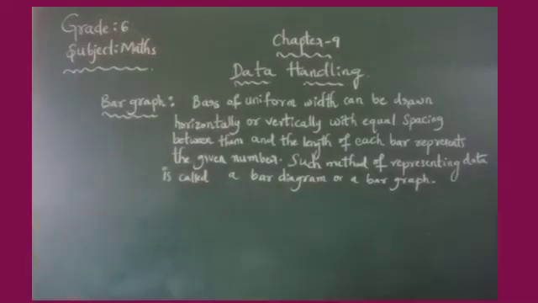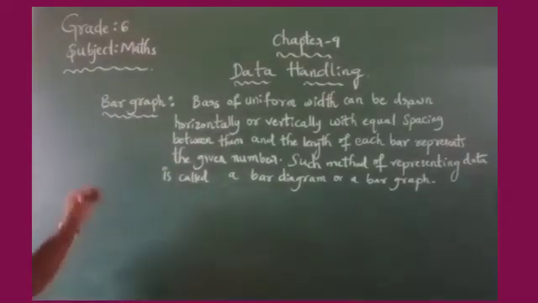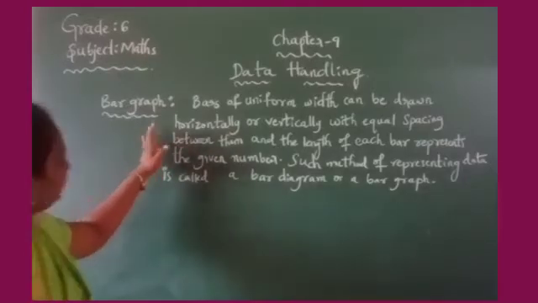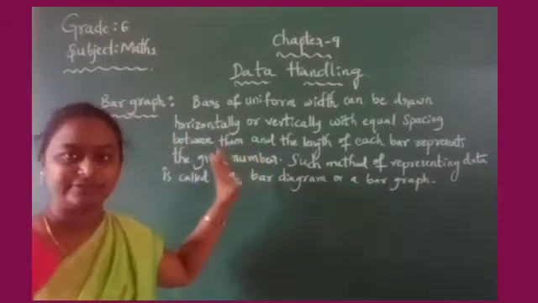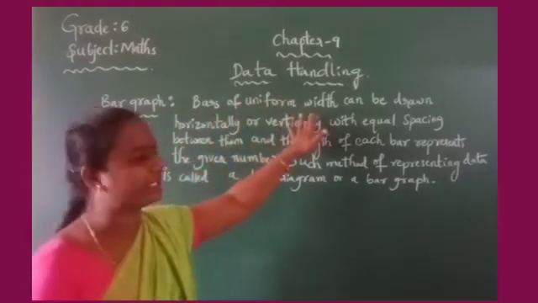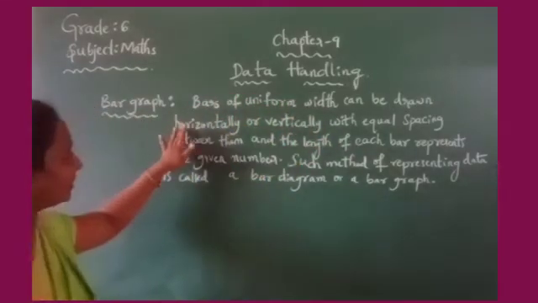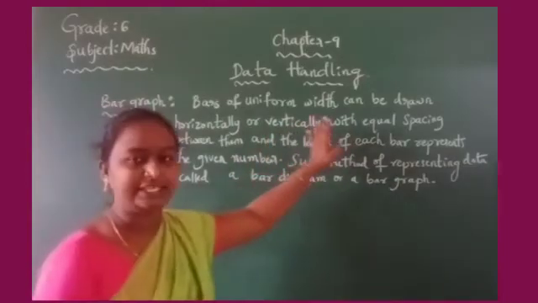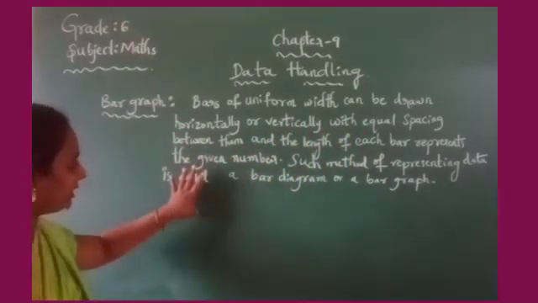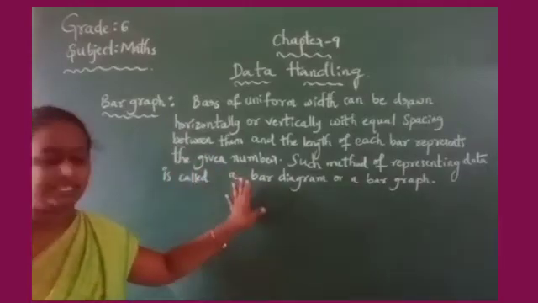What is a bar graph? The visual representation of data is called the bar graph. The bars of uniform width can be horizontal or vertical with equal spacing between them, and the length of each bar represents the given number.